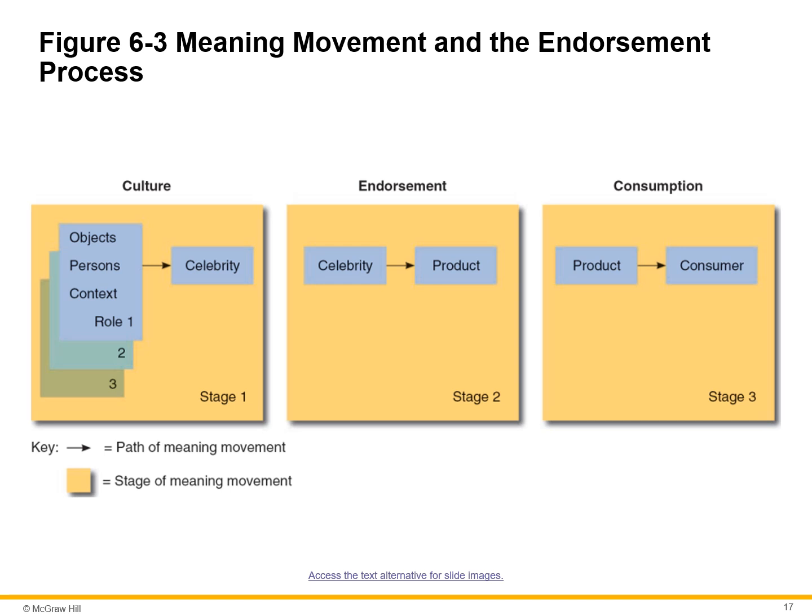The meaning is moved toward the consumers, so from culture to endorsement to consumption. So the meaning is moved because of the culture we have, from celebrity to the product, and from product to the consumer. That's what this framework is telling us. It's explaining celebrity endorsement.